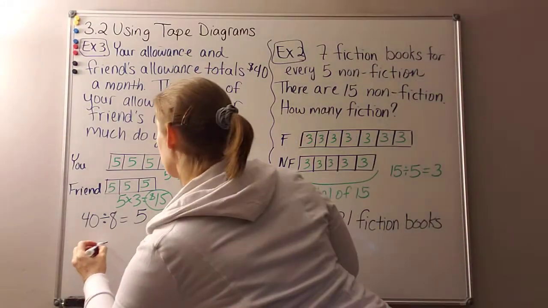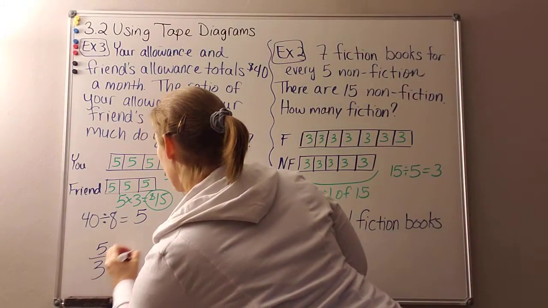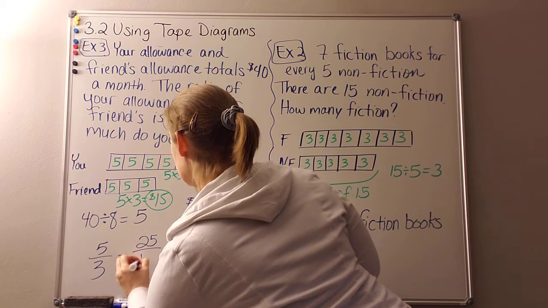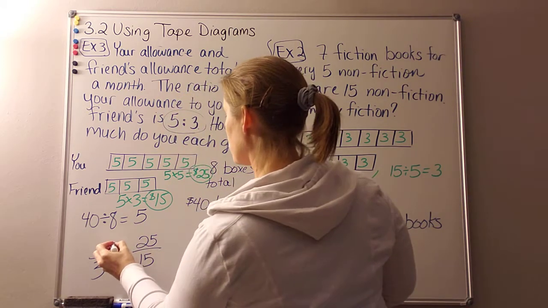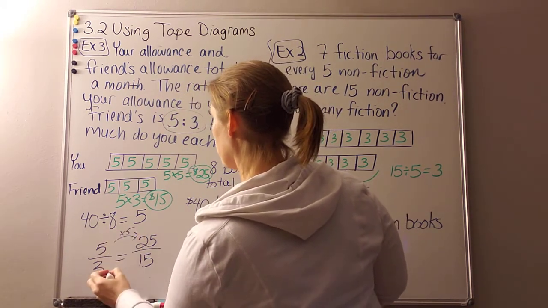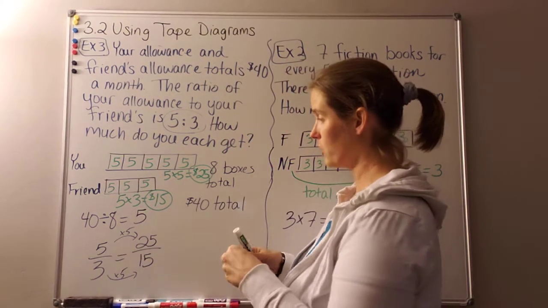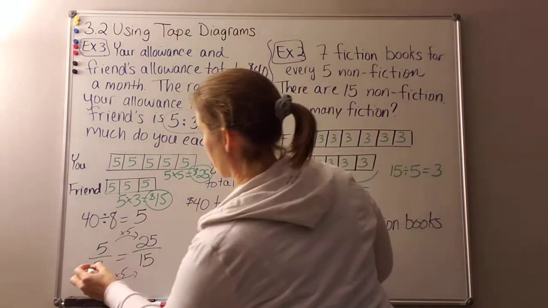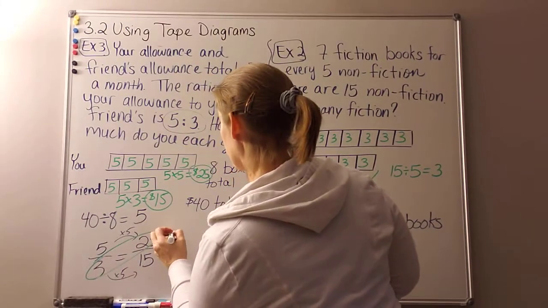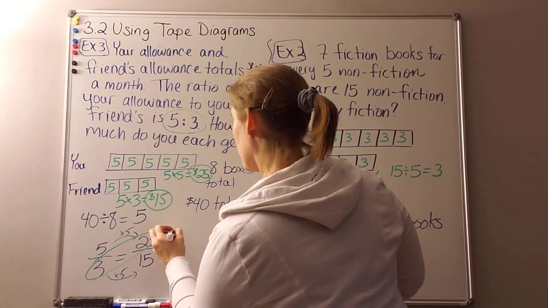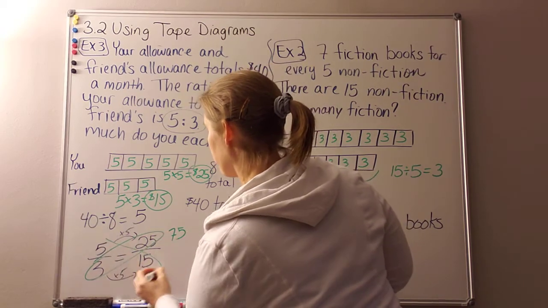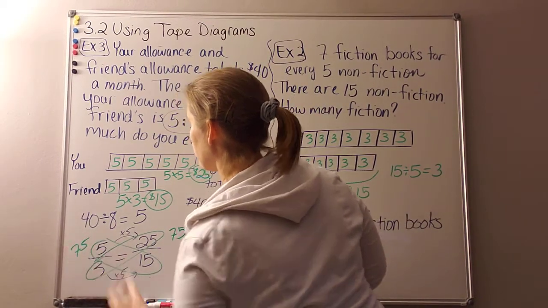Our original ratio was 5 to 3. Now we have 25 to 15. And each of these we could just multiply by 5 to make it work, or do cross products. 15 times 5, 3 times 25, there we go, is 75. And 5 times 15 is 75. So they're equal.